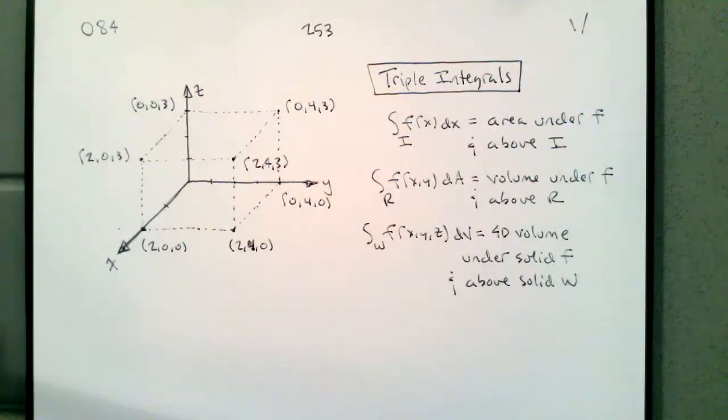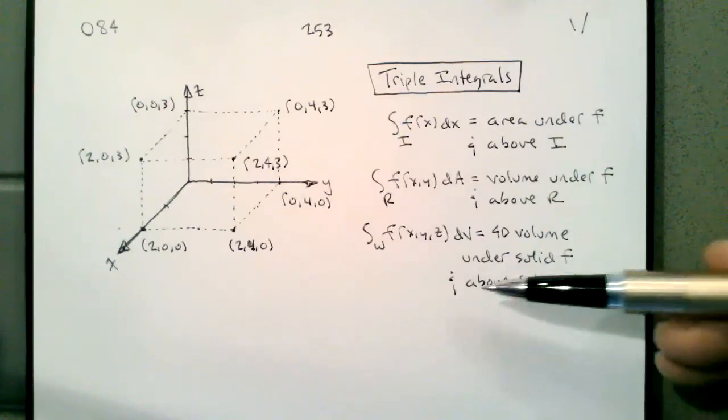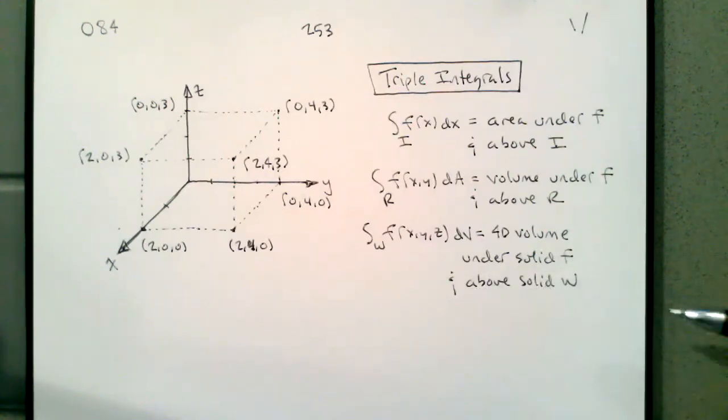It's hard for us to picture this, but we can still say it's going to be under the solid F and above the solid W. So we've got these two three-dimensional solids running around in four-dimensional space. And in between them, we are capturing some four-dimensional hypervolume. That's really weird to think about. This is too early to think about stuff like that.